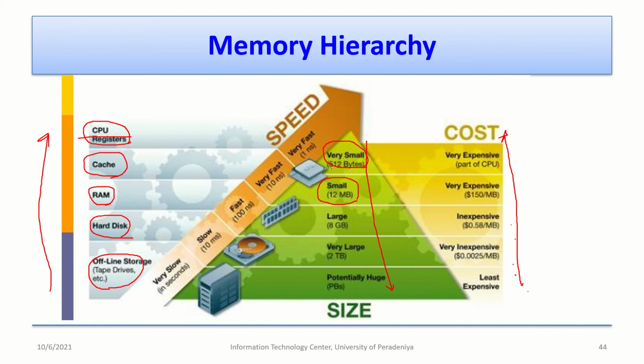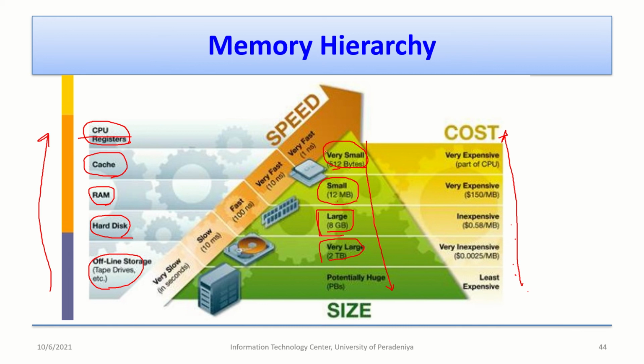Here it is very small, 512. Here we may have 12 megabytes, right? And then if it is a hard disk, or sorry, if it is RAM, those are very high scales, right? If it is a hard disk, it may be 2 terabytes. If it is RAM, it may be 8 gigabytes, right? If it is a cache, that is say 12 megabytes, right?